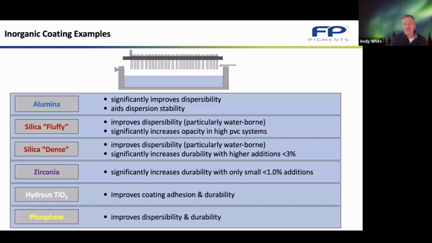Now, when you think of these inorganic coating examples, I just want to give you some idea about what they're for. You'll find that on almost every single grade of titanium dioxide, there is some alumina. Alumina is there to significantly improve the dispersibility and the dispersion stability. Now, alumina is not just Al2O3.